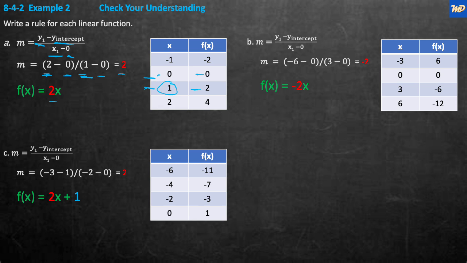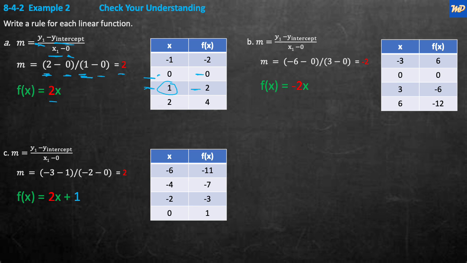m is equal to y ending minus y starting divided by x ending minus x starting. So again, we're going to pick where x is 0, and here they're both zeros. Interesting, it's the same as the other one. And then the difference here is we're going to pick a negative 6.